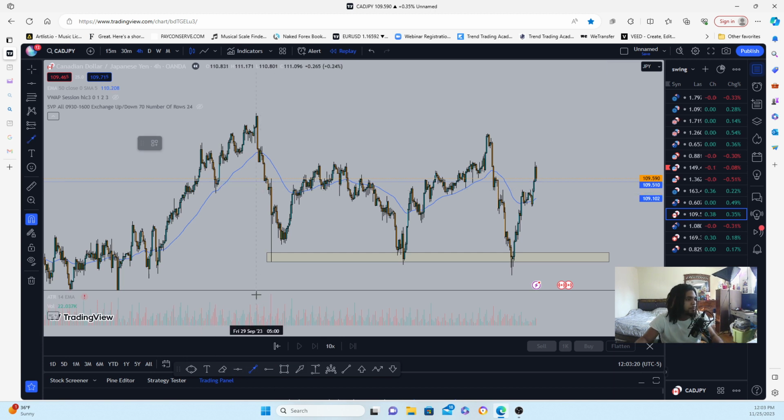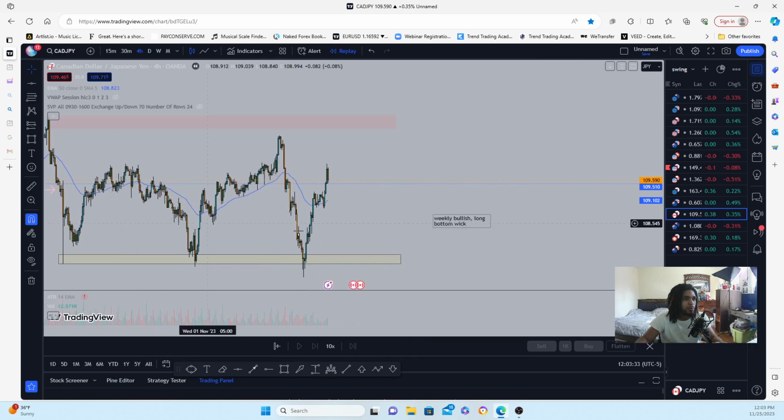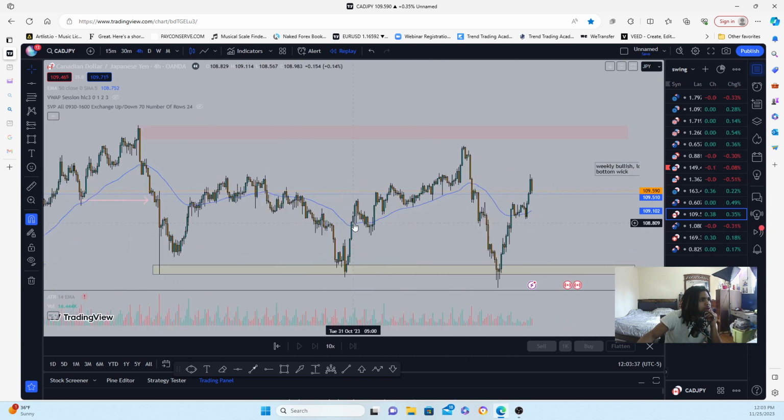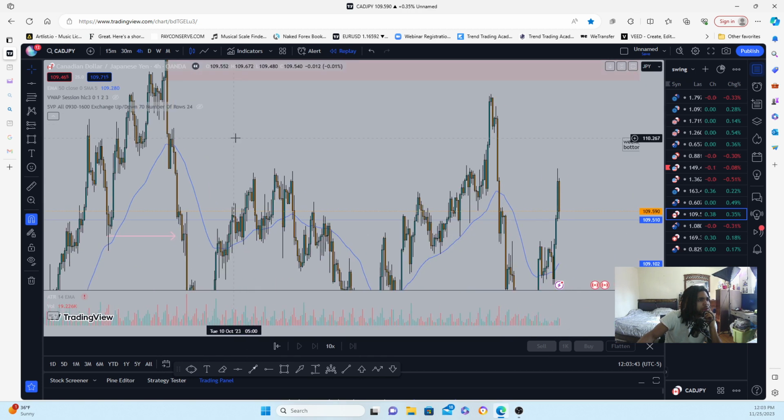Not the one I wanted. And where that breaker structure come from? This order block right here. There we go.